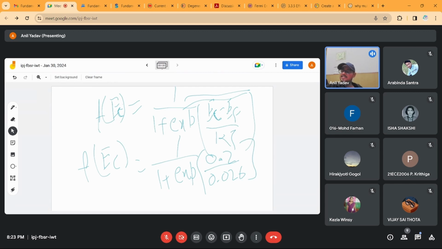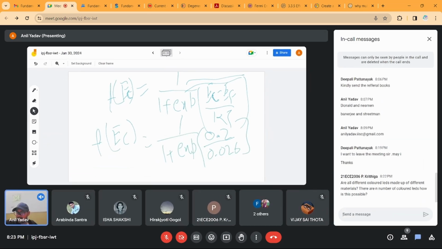The combination of these colors can make any color in the world. RGB, these are the basic colors. With the combination of intensity of these colors, you can make any color.